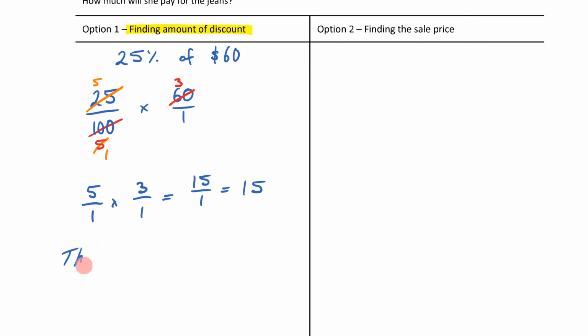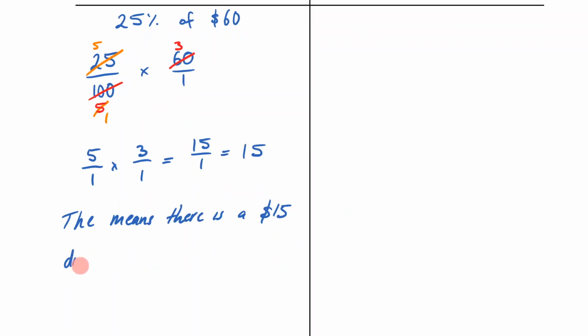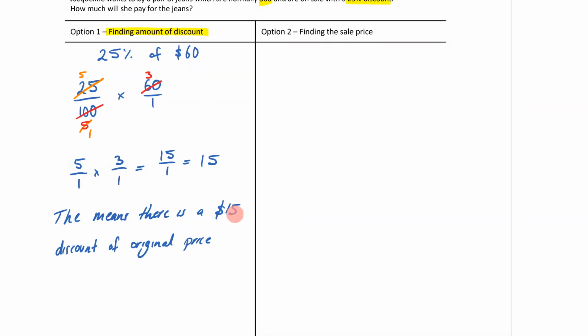This means there is a $15 discount of the original price. Does that mean that I'm paying $15? It doesn't mean I'm paying $15. It means I'm getting $15 off the original price.